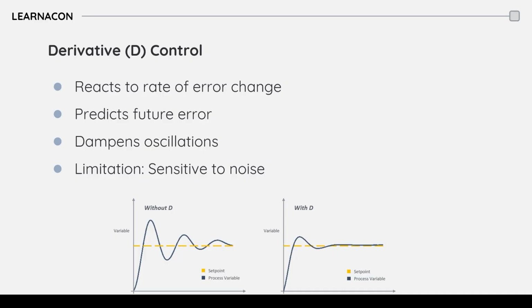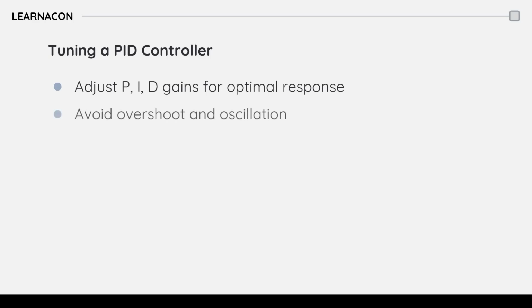So far, we've learned how the P, I, and D behave individually. Now, we need to figure out how to combine these elements. That's done by something called tuning. Tuning a PID controller means finding the right balance between these three terms. The goal is to make the system respond quickly without overshooting or oscillating.